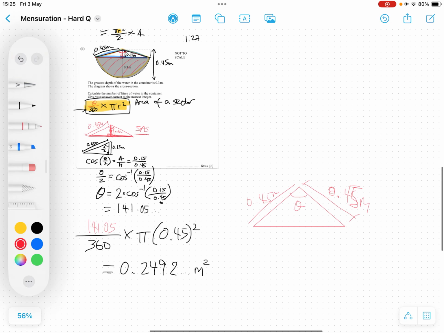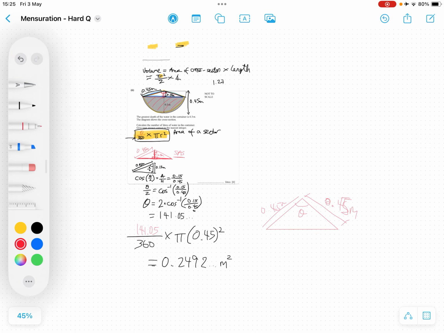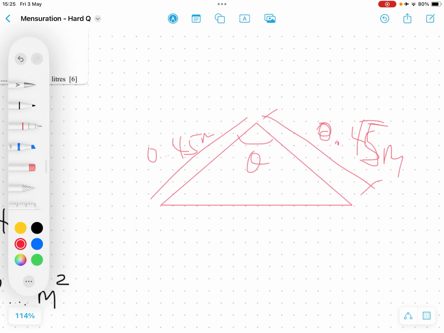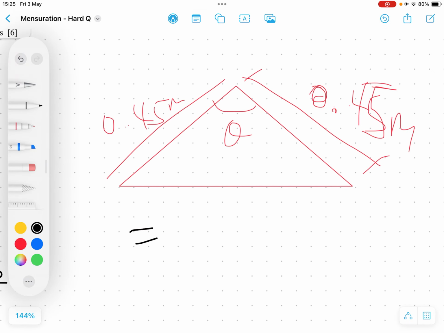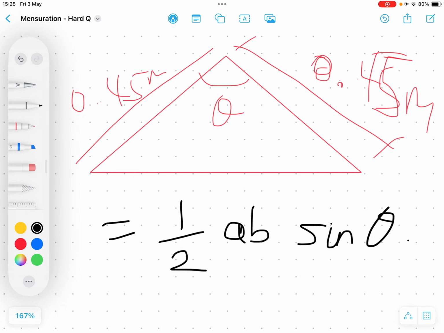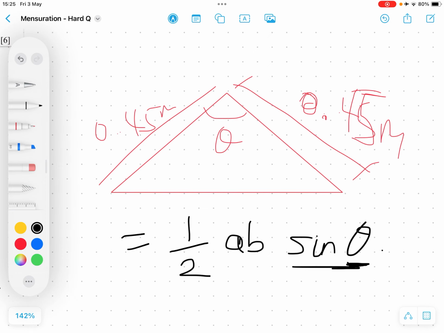So now we can use another important formula, the formula for the area of a triangle, which is equal to 1/2 times AB sine theta, where theta is the included angle between the sides A and B. The included angle means the angle that is in between the sides, and we can see this angle is indeed in between these two sides.